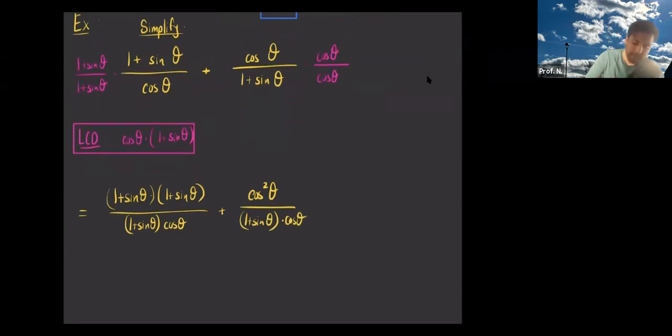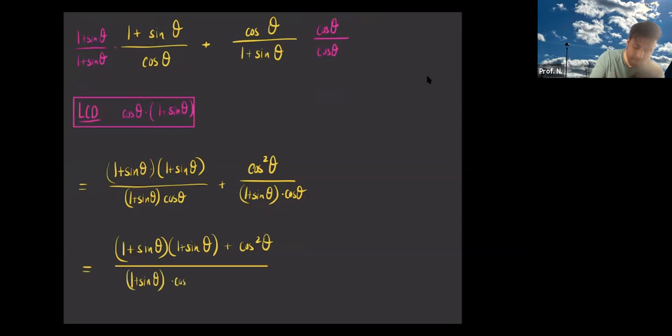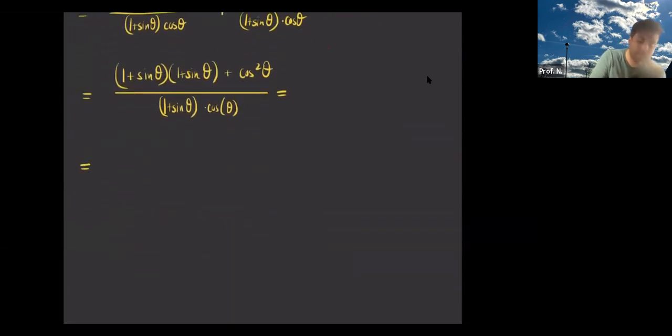Now, because they're the same denominator, what can I do? I can unify the numerators. So 1 plus sine theta, 1 plus sine theta, plus cosine squared theta, all over 1 plus sine theta times cosine theta. Now what I have to do is expand 1 plus sine theta times 1 plus sine theta.